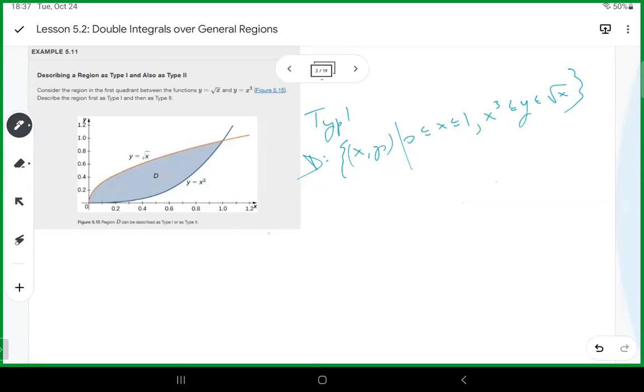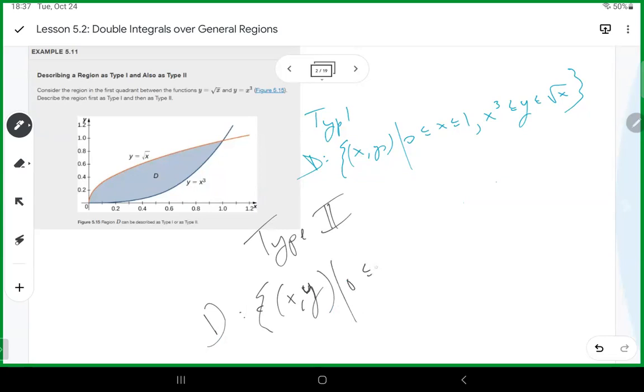So as type 2, you would have it described as (x, y), and this time the y is nicer looking.